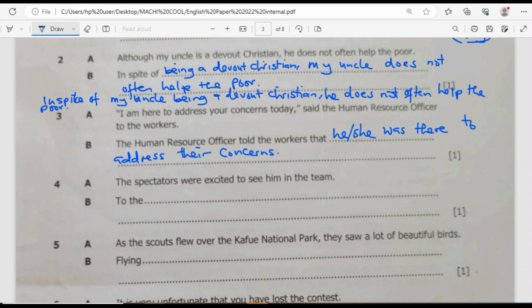So we can say, to the excitement of the spectators, they saw him in the team.